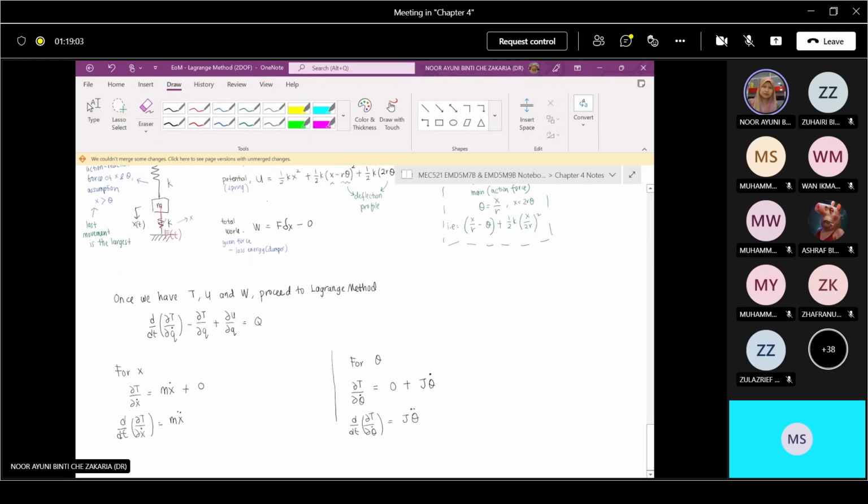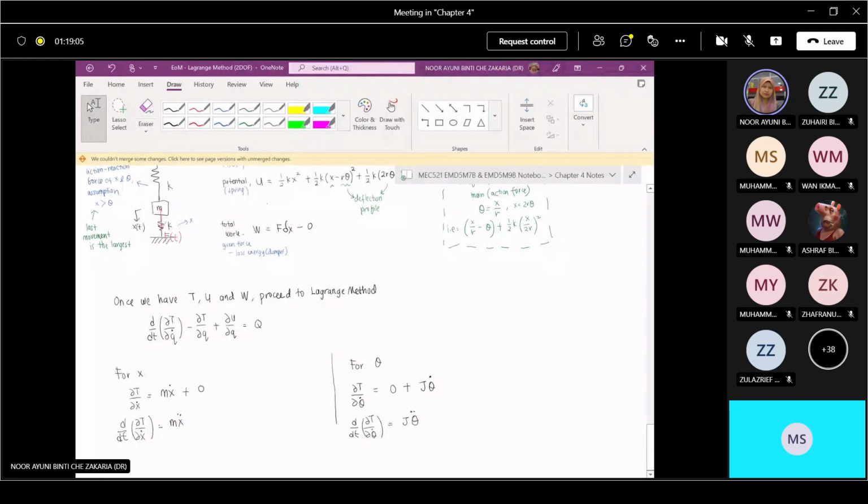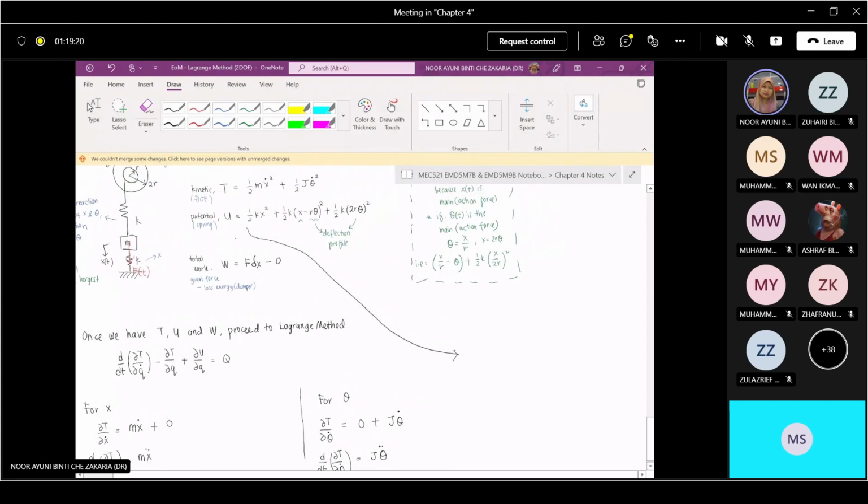Next, go for potential. For potential energy, maybe it is easier if we expand here. Kita expand lah. So I put here. Let's expand it.